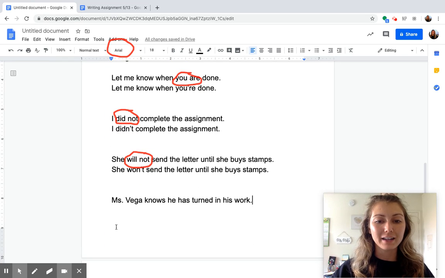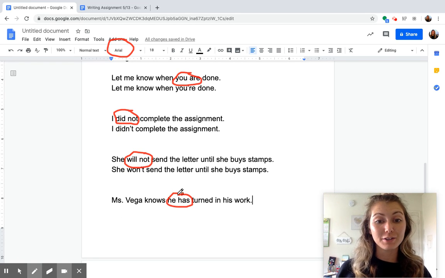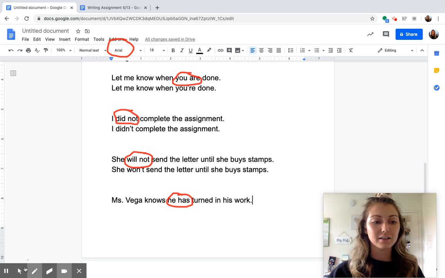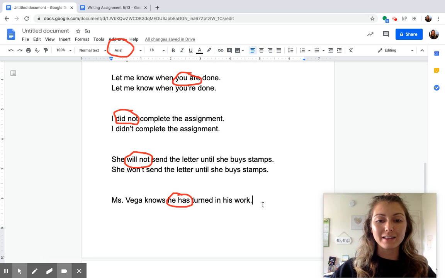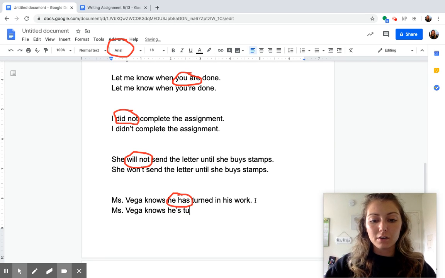So we can go ahead and circle he's. Give yourself a pat on the back if you already got that one. You already knew that he has can form the contraction he's. Great, now we'll rewrite the sentence and we'll use our contraction. Miss Vega knows he's turned in his work.